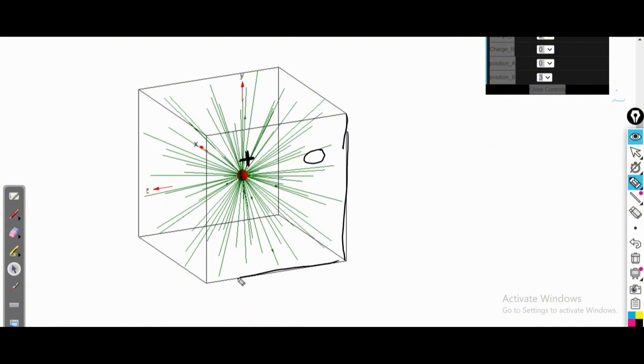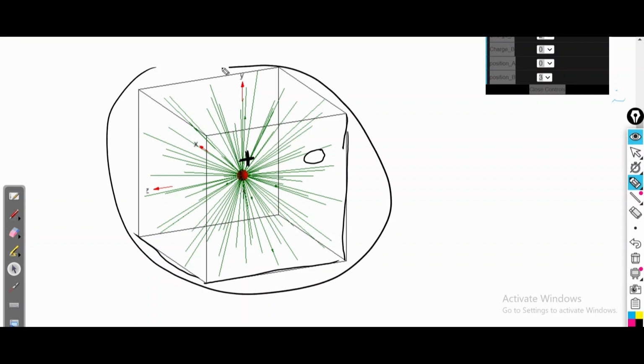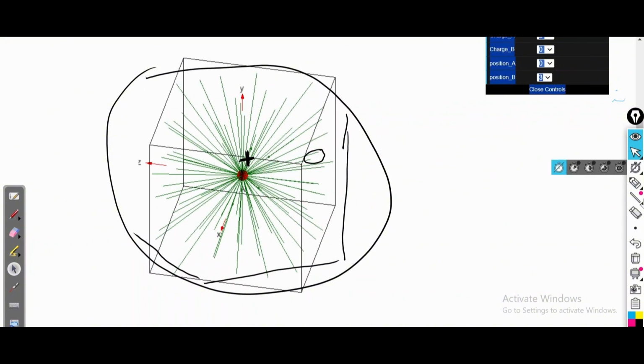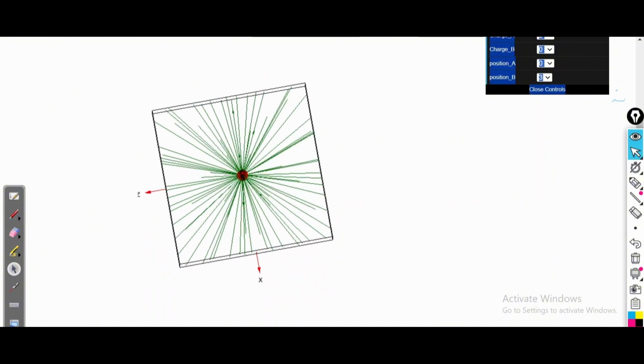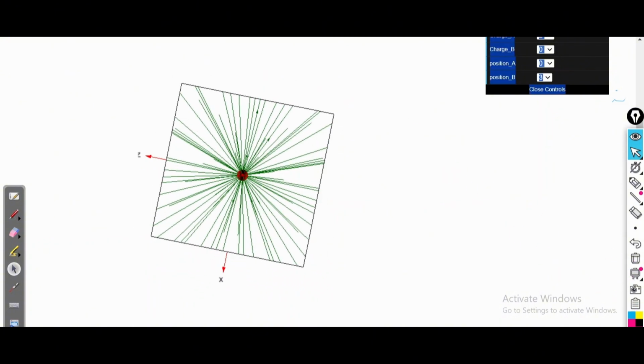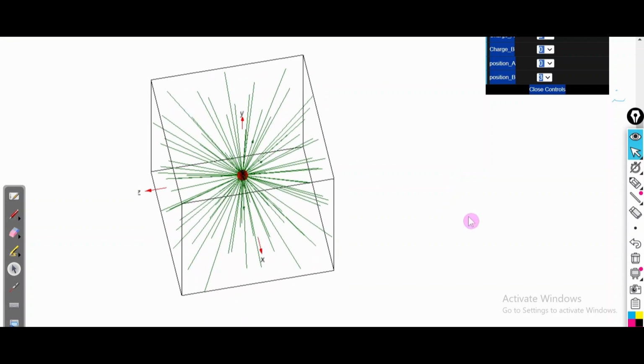These lines do not cross this region, the region around the charge up to which these lines have extended. This region is called the electric field.